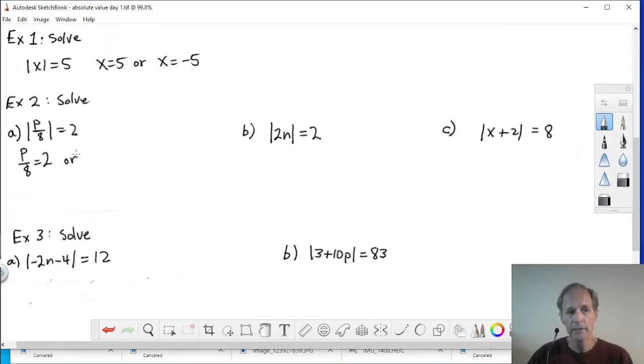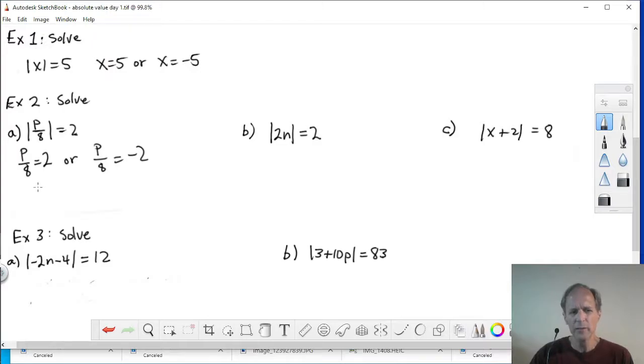But there's another possibility, right? What if the expression p/8 is -2? That would also make this equation true. And we've got to solve both of these possibilities. So we'll have two answers, just as we had two answers on the simple one.